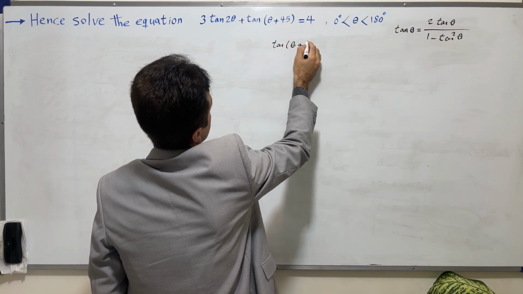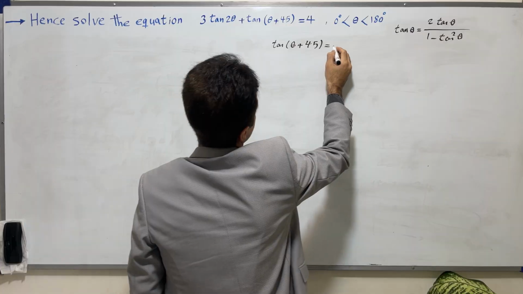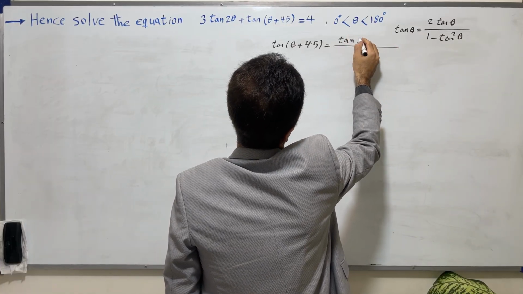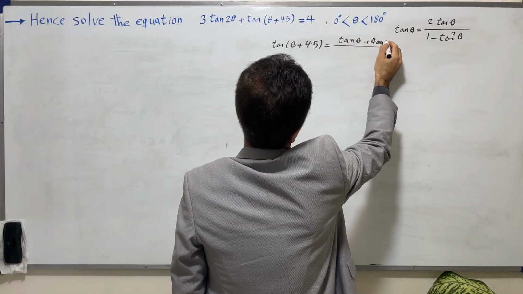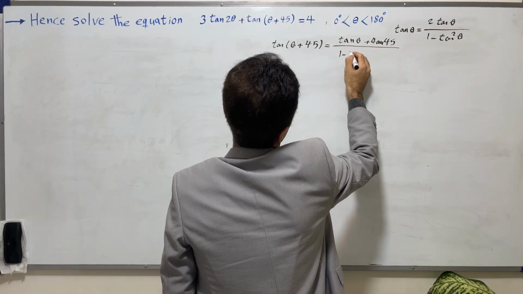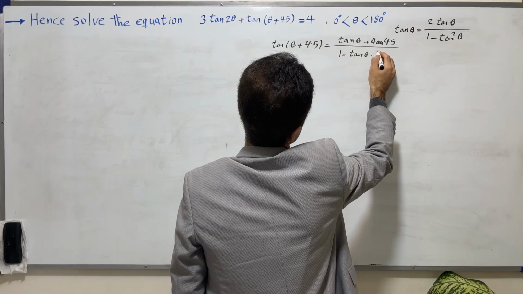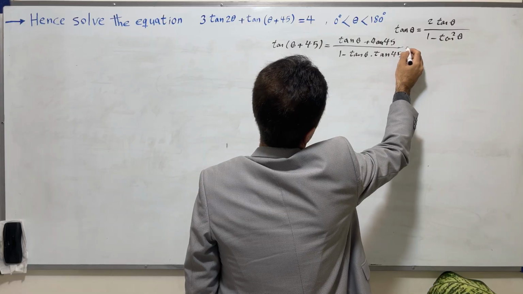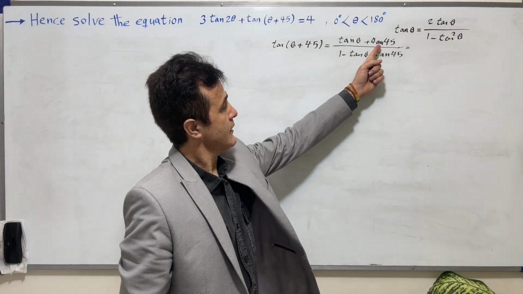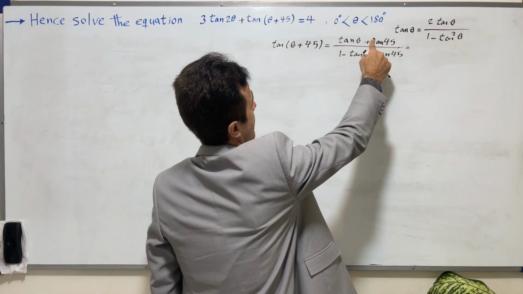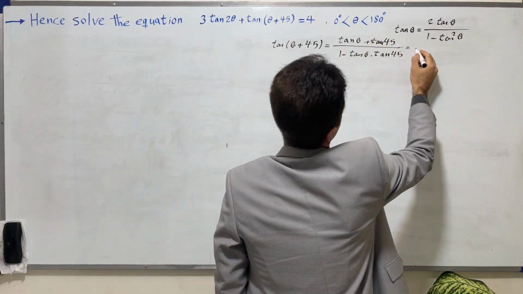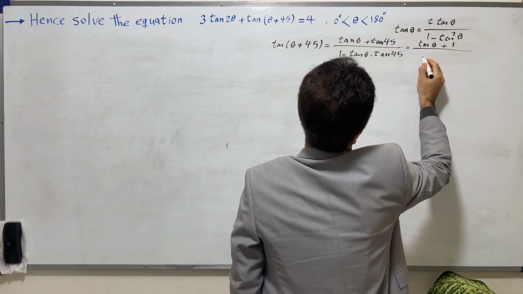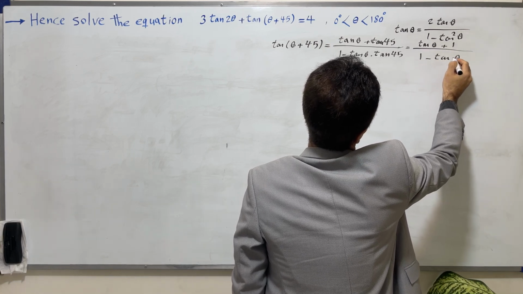And for tan(θ + 45°), it equals (tan θ + tan 45°) over (1 minus tan θ times tan 45°). Tan 45° equals 1. Then we have (tan θ + 1) over (1 minus tan θ).